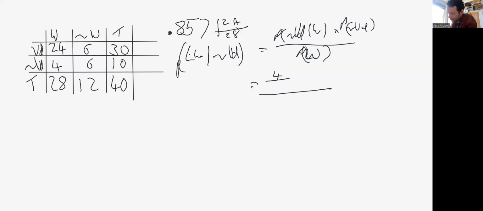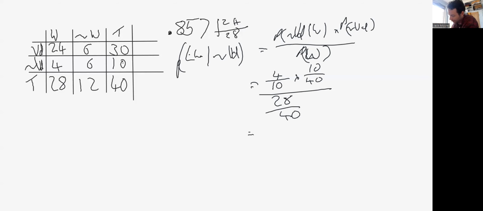Probability of Van Dijk not playing given that Liverpool win is 4 over 10, times the probability that Van Dijk doesn't play, which is 10 over 40, over the probability that Liverpool win, which is 28 over 40. So we can work those out.